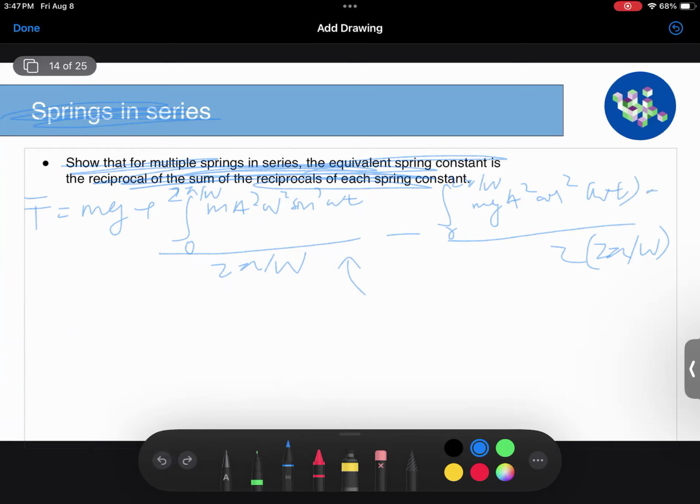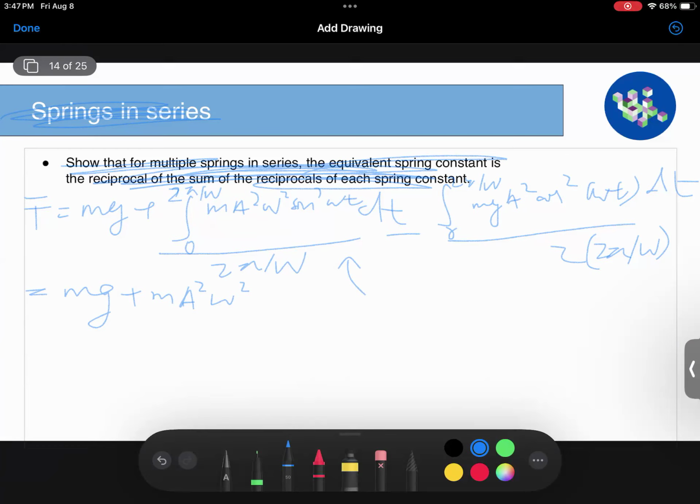That's fine. By the way, we should have a dt there. This is a constant. This is also a constant, right? So the result could be mg plus m a squared omega squared. Once I integrate sine squared omega t, I should be getting 1/2 of the period, right? Because we got 1/2 of the period.